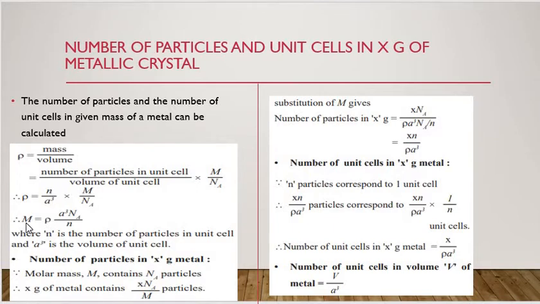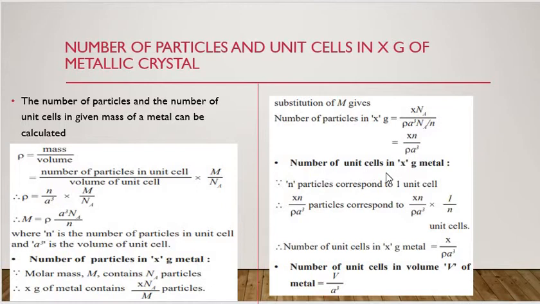And if you want to talk about the number of particles in x gram of metal, then you can directly calculate with this formula, which is x multiplied by n upon rho a cube. X is the mass which is given in gram in the numerical, n number of particles in unit cell, rho is the density, and a cube, you can say it is the cube of your edge length given of a unit cell.